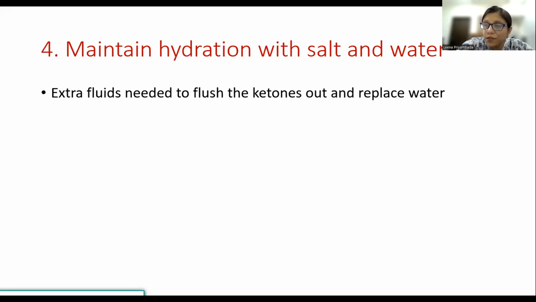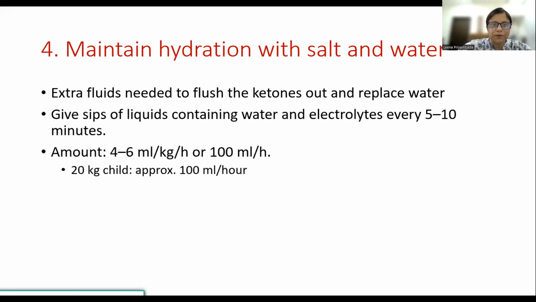So diluted fruit juices, homemade lemonades, thin buttermilk with maybe a little bit of sugar in it. So if it is high sugar with sickness, you give salty fluids. If you have low sugar with sickness, you give sugar plus salt plus fluids. So you add sugar to the fluids.